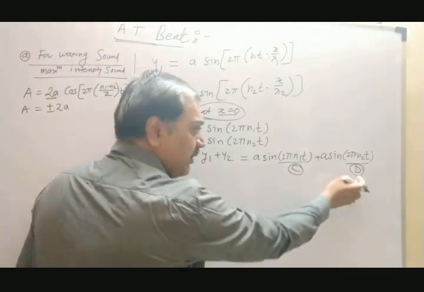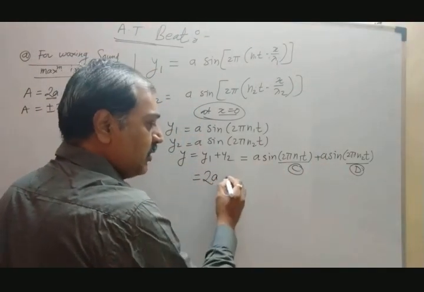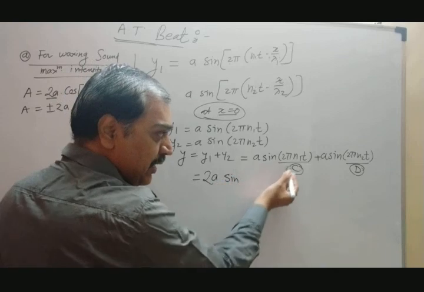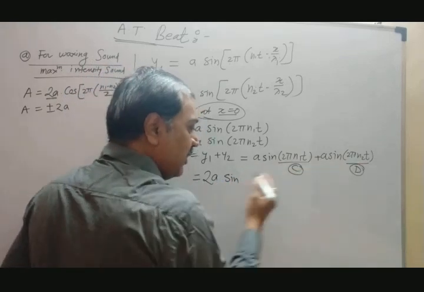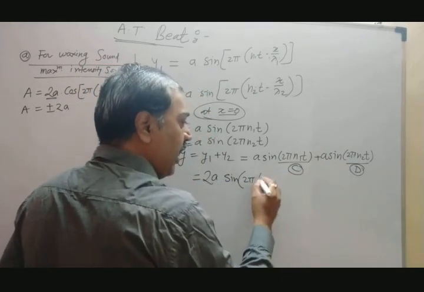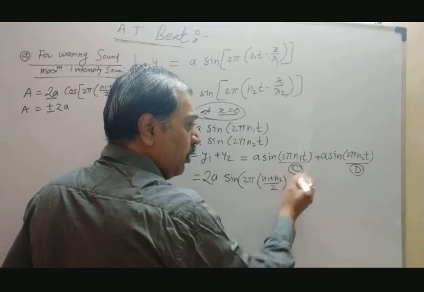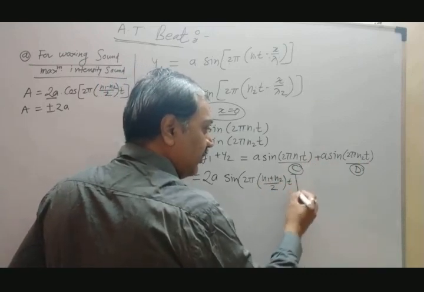So suppose this is C and this is D. A is common, so take it outside. We can write twice A sine of (C plus D) by 2; C means this, plus D means this. Sine of 2 pi in the bracket (N1 plus N2) by 2, and T is again common, so take T common.